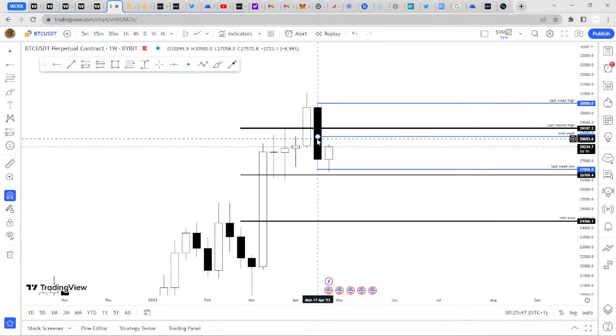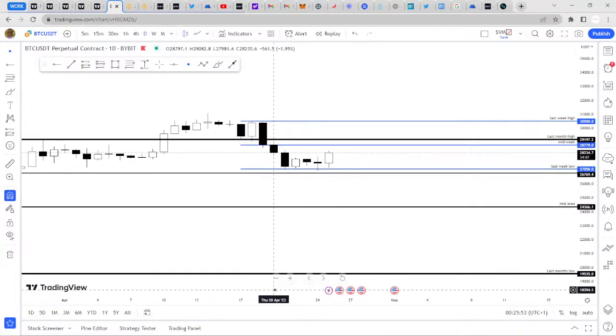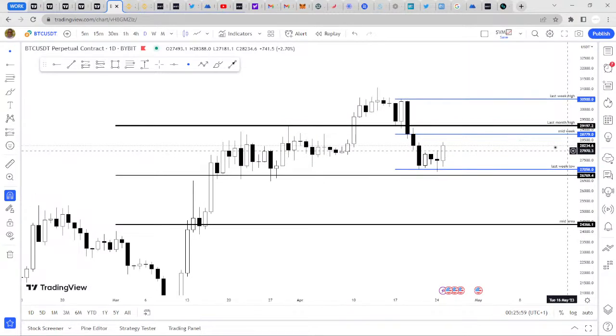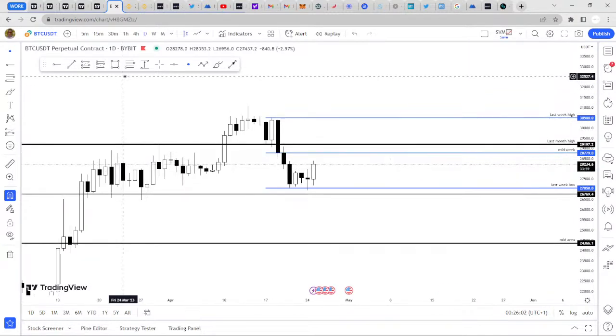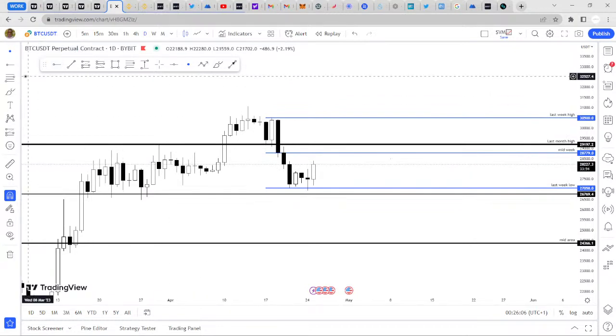So we mapped out our monthly range and weekly range. Now let's see Monday's range. Monday's range, I think, has pretty much been done, right? Price has pretty much tagged the low. You can still go ahead and mark it out.